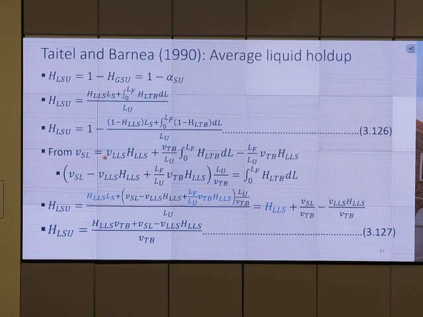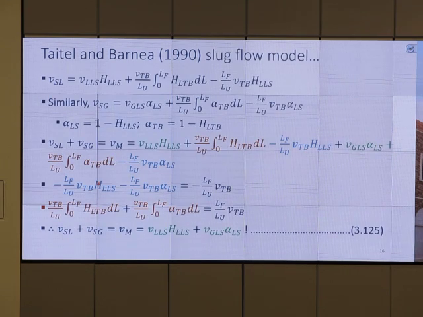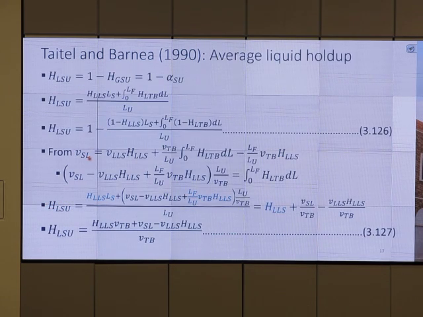Previously, we have VLS, which is this equation. I copy it here. VLS is equal to something that we derived earlier on. Then I rearranged it to get the value of that integration, the integration from 0 to LF of HLTBL.